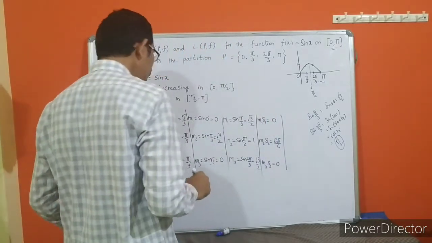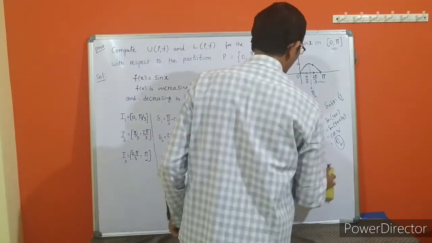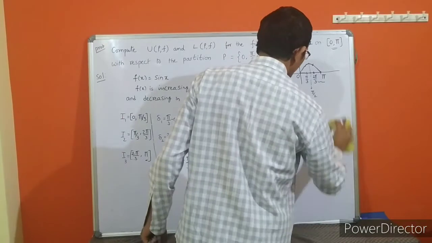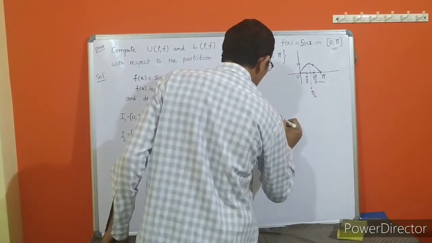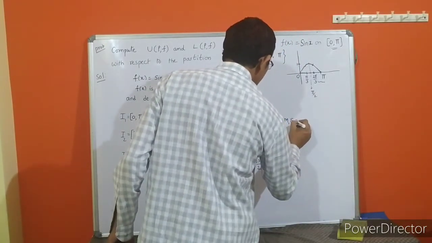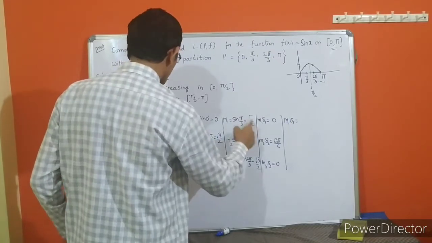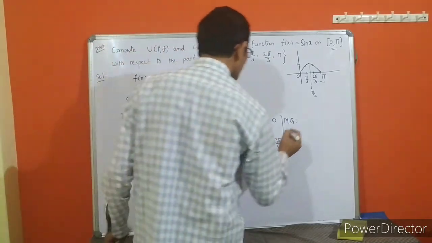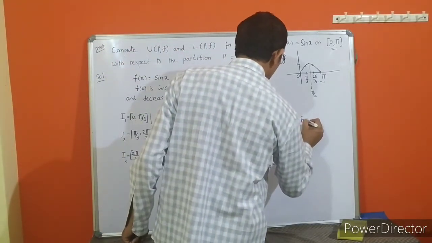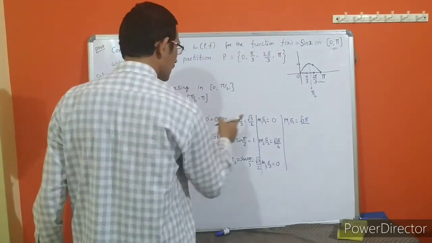Now capital M1 delta 1 is equal to, capital M1 is root 3 by 2 and delta 1 is pi by 3. So root 3 pi by 3 into 2, 6.